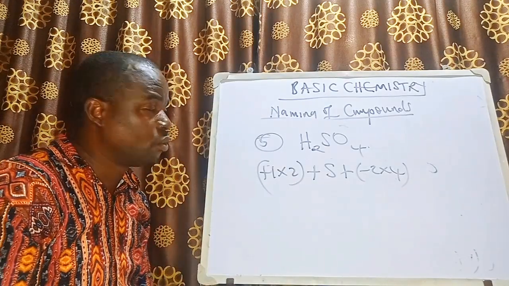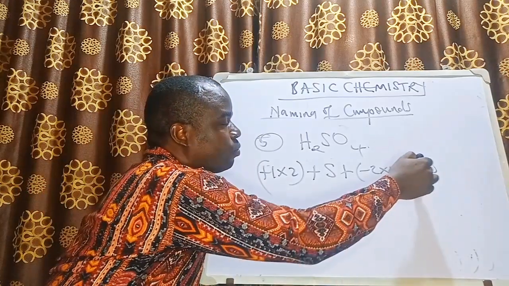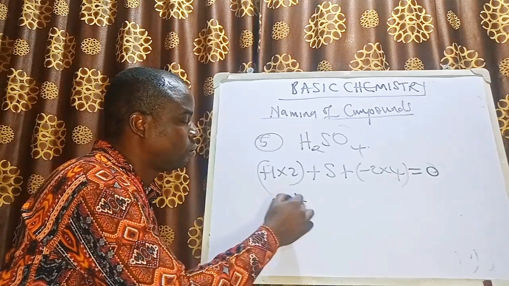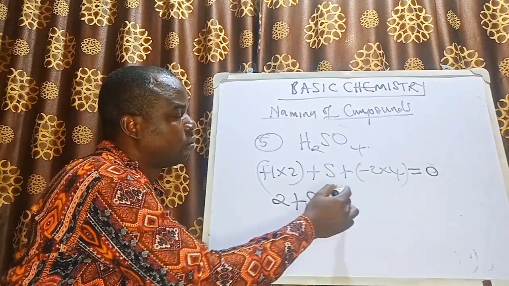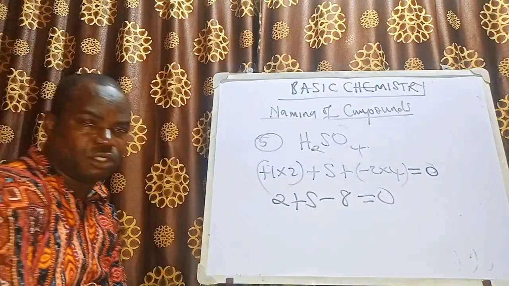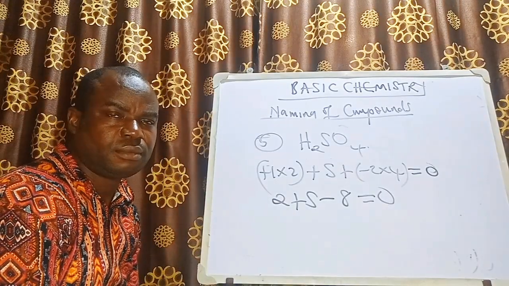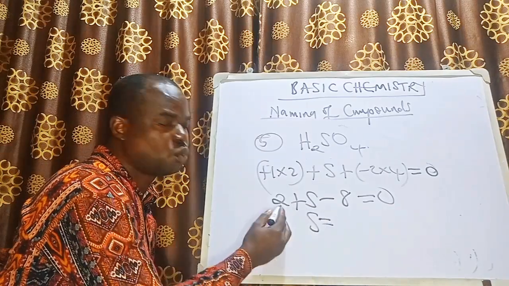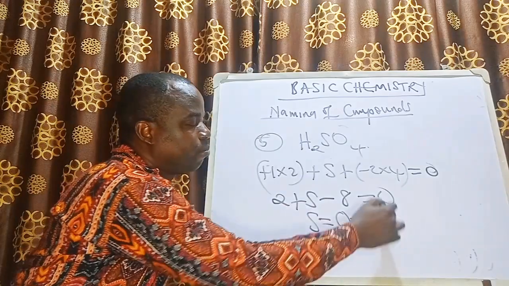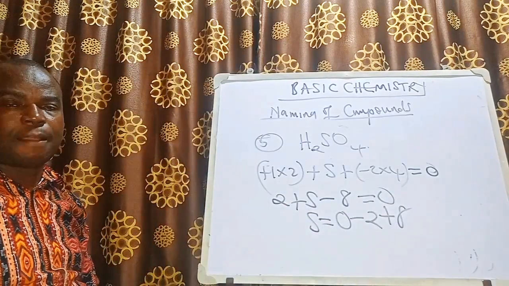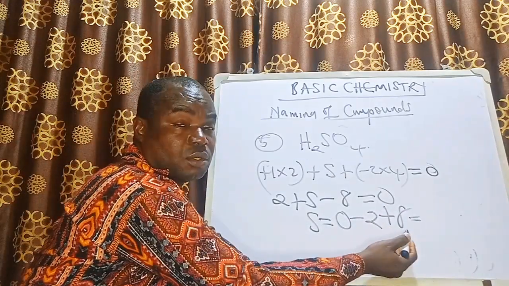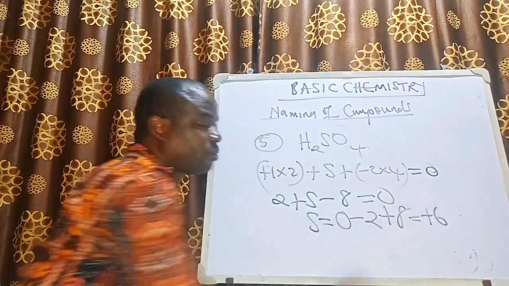I've shown you already. So if I solve that now, equal to 0, I have 2 plus S, plus minus is minus, 2 times 4 is 8. We now make S the subject of the formula. Now we have 0 minus 2 plus 8. Are you with me? If you solve this, 0 minus 2 plus 8 will give you +6.